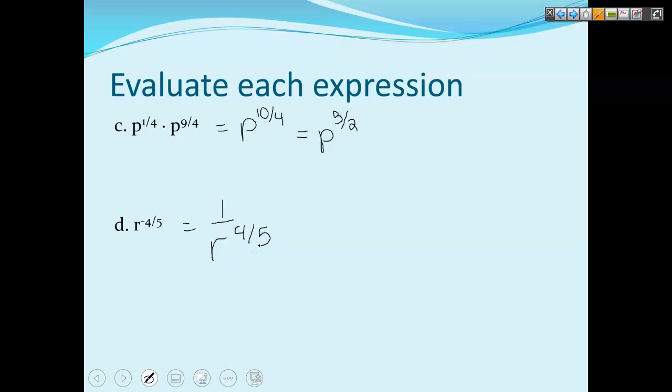Rewrite our negative as a positive. The last part is just putting it all together with numbers instead of straight variables.